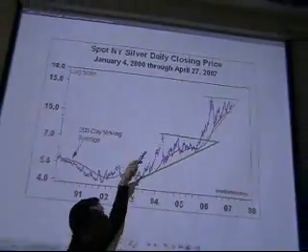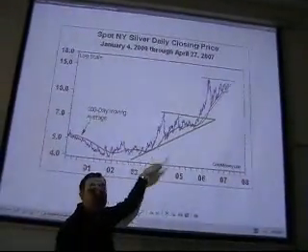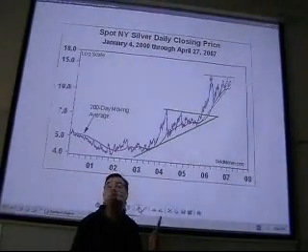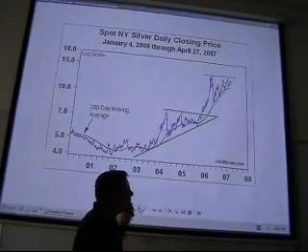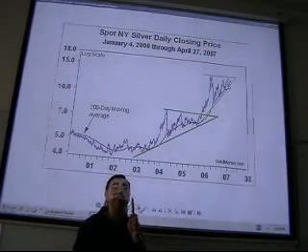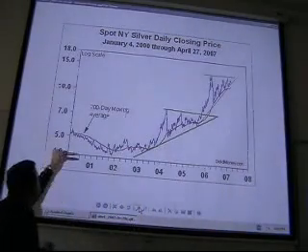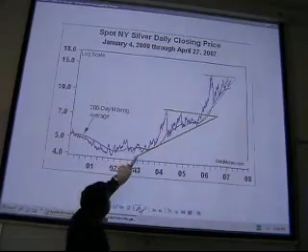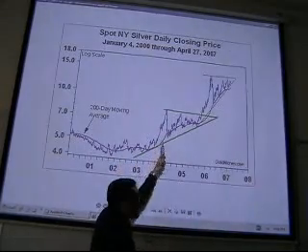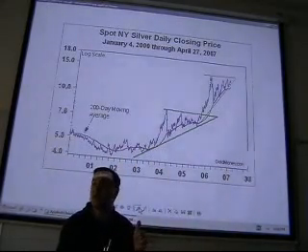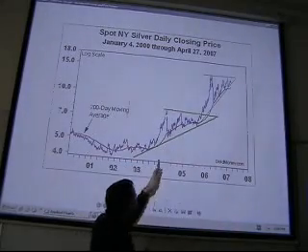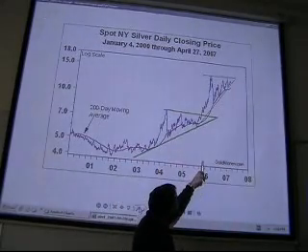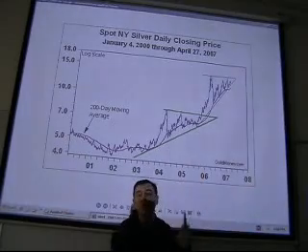So when it moves up, it moves on the upside, it breaks out, it confirms the uptrend. So what you see here is within a secular trend, silver doubled here from 2003 to 2004. It delivered a nice 100% return, and then it delivered nothing for almost 2 years.